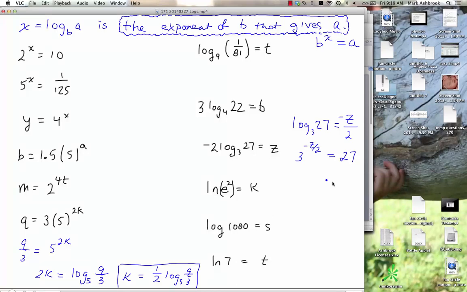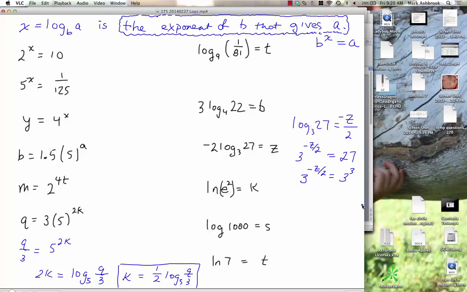On this one now, if we look at it, we can actually get what z is. Does anyone see how we can, without a calculator, solve for z? We have 3 to this thing equals 27. It's rigged. So he's saying that 27 is an easy power of 3.